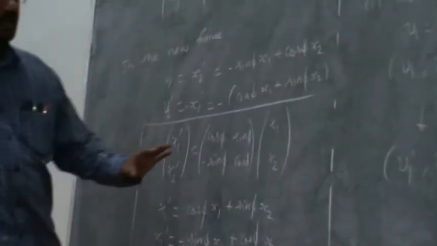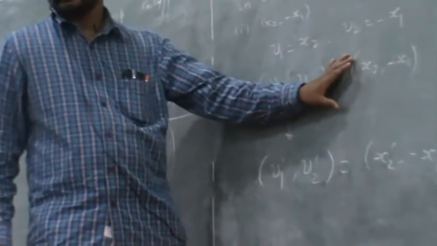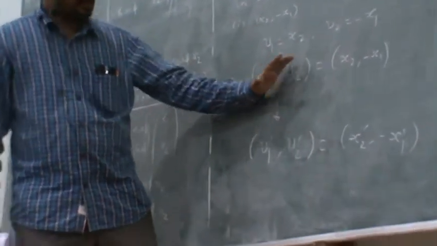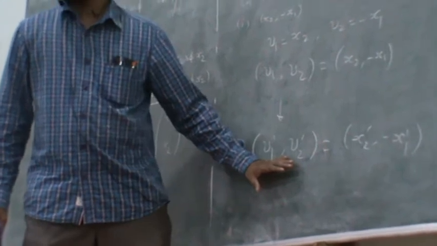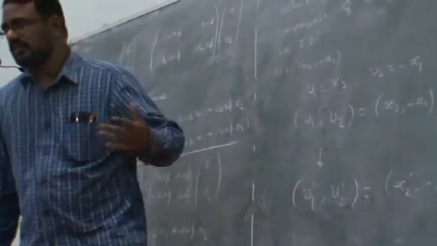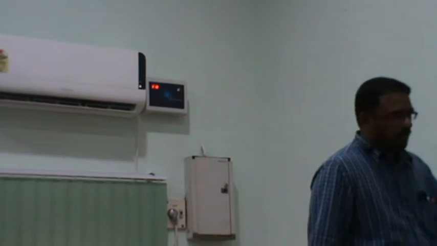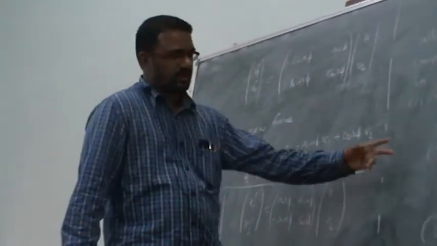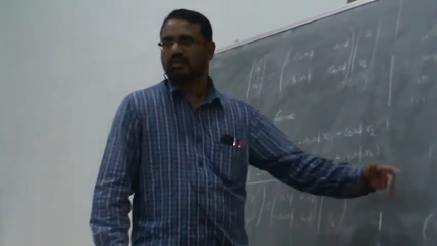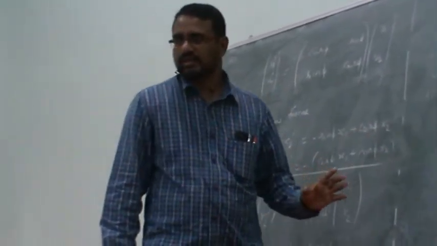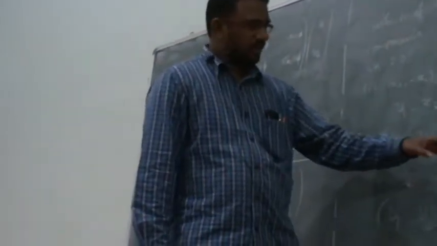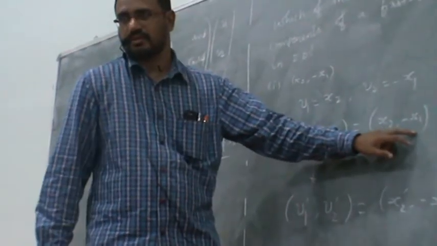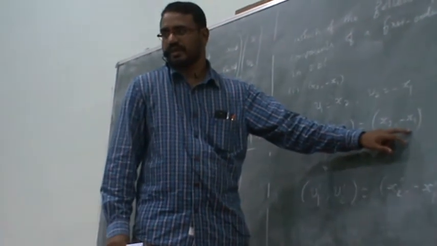See, I will repeat once again. v1, v2 is the old set of coordinates, and this is the new set of coordinates. We have transformed to the new set of coordinates using orthogonal transformation. If I claim something as a vector, then it must satisfy the same transformation, because I call v1, v2 a vector. Correct? So in the question, it is given x2 and minus x1 are the old set of coordinates.